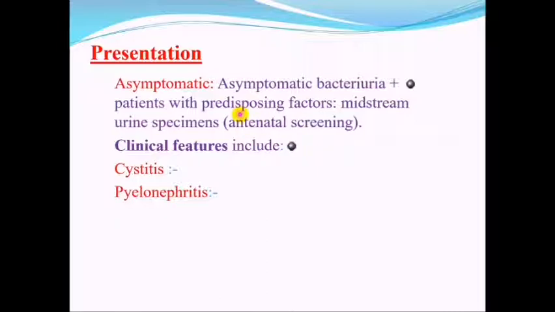For that reason, any pregnant female who presents with some predisposing factor, which may increase her likelihood or susceptibility to have urinary tract infection, should have an antenatal screening for urinary tract infection by having a clear-cut midstream urine specimen examined for any evidence of asymptomatic or significant bacteriuria.